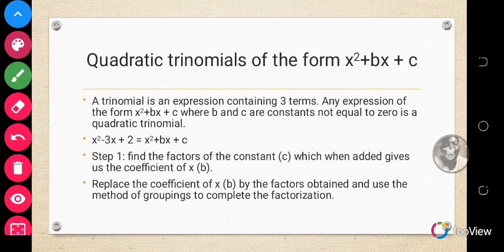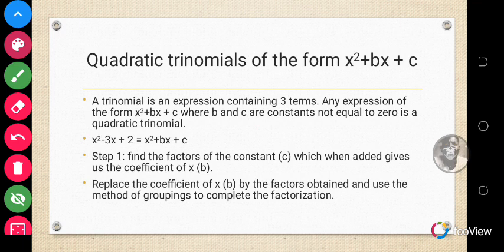Let's look at quadratic trinomials of the form x squared plus bx plus c. A trinomial is an expression containing three terms. Any expression of the form x squared plus bx plus c, where b and c are constants and not equal to 0, is a quadratic trinomial.